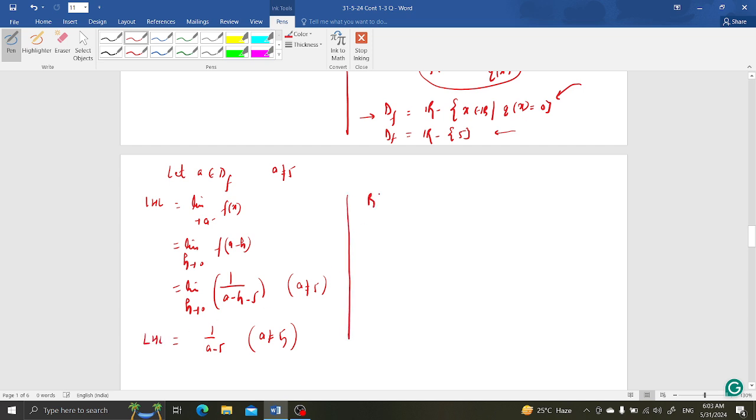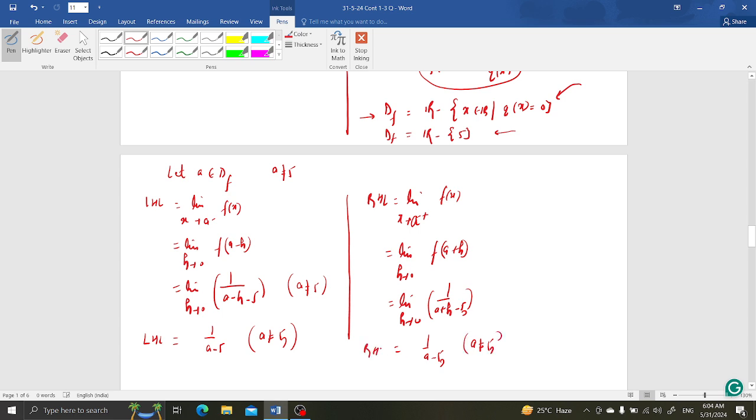Now the RHL is limit x tends to a positive of f(x), which is limit h tends to 0 of 1 upon a plus h minus 5. Applying the limit again we get 1 upon a minus 5, as a is not equal to 5. This is your RHL.